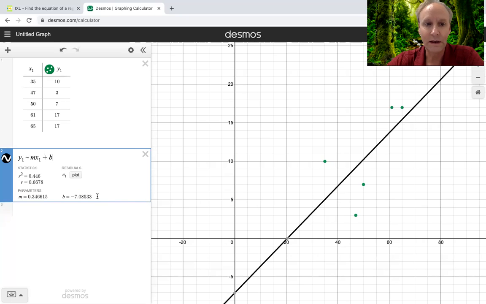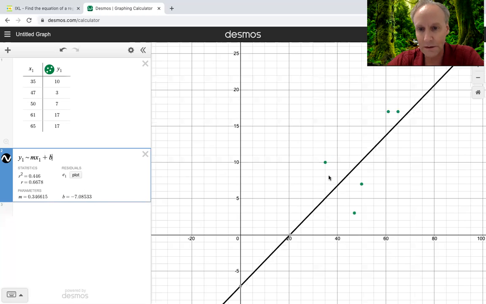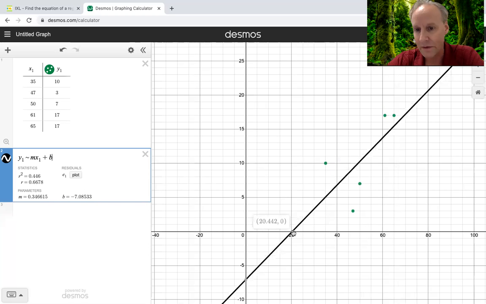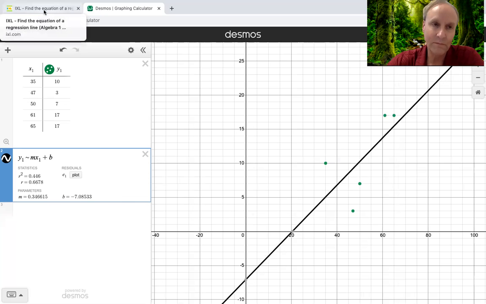Somebody who is just being born knows -7 songs, which doesn't make any sense. But for our graph, anybody age 20 or less isn't going to know any. That's basically what this means. I think it's important to interpret what's going on, but for the IXL, I know you guys just want to get it done.